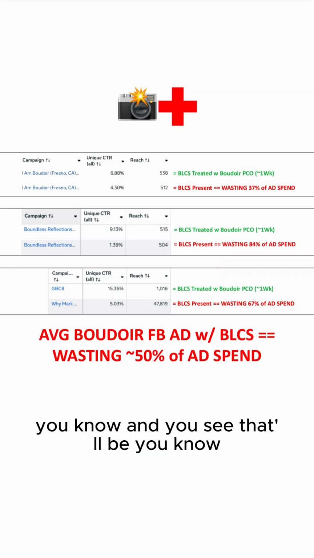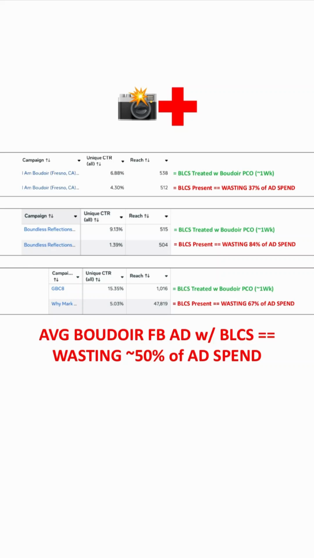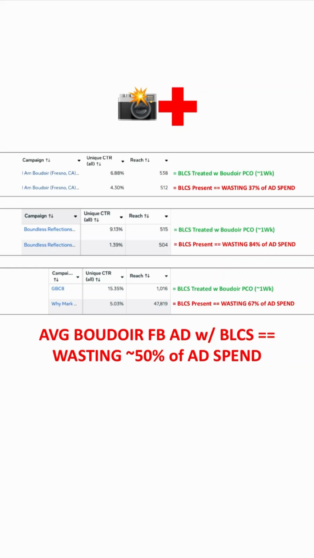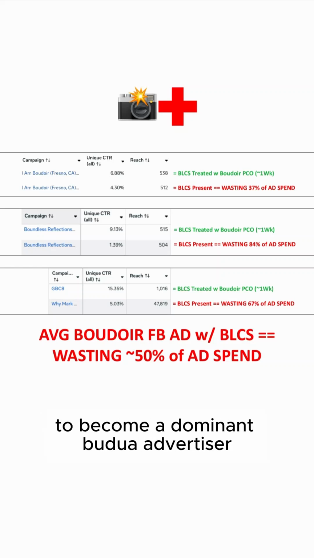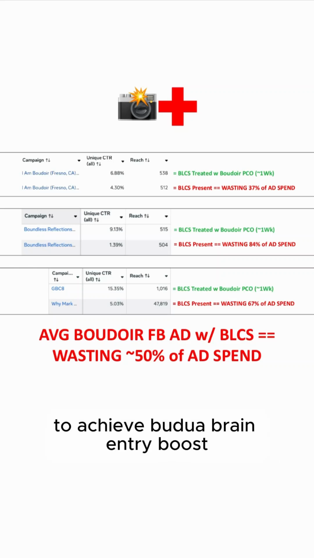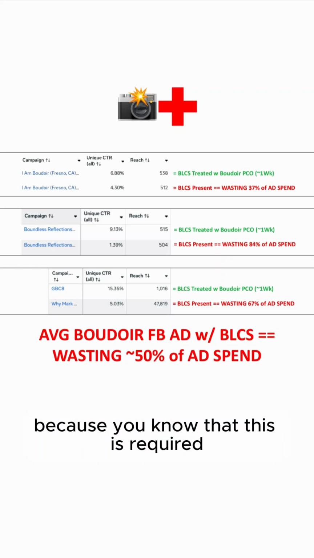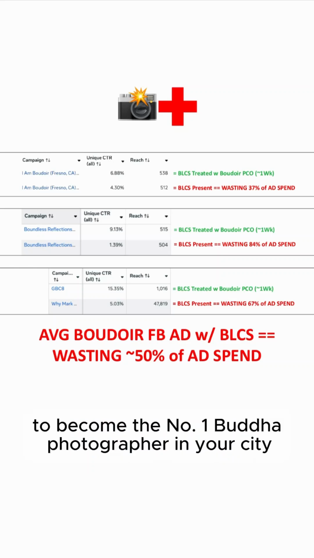And you see that'll be approximately 60K back in your pocket over the next 12 months, over the next year. And you actually want that outcome of the Boudoir Pico treatment, and you want to achieve pre-click alignment with your Boudoir Facebook ads to become a dominant Boudoir advertiser, to achieve Boudoir brain entry boost with your Boudoir Facebook ads, because you know that this is required on your path to becoming the #1 boudoir photographer in your city.